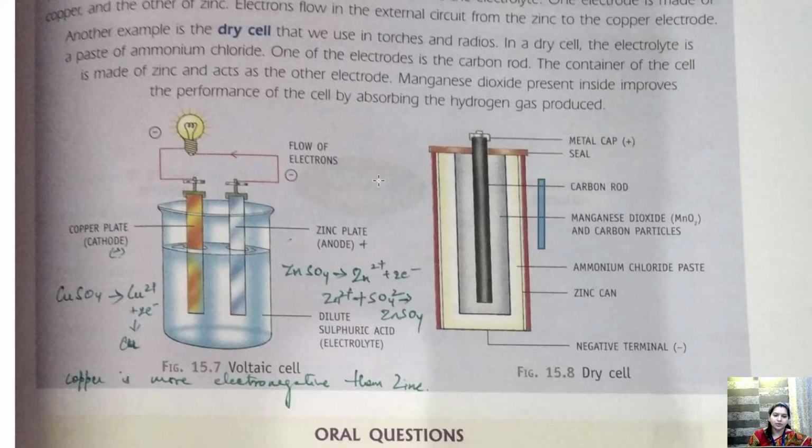At the anode, which is positively charged, we have taken zinc. And at the negative charge, we have taken a copper plate. The electrolyte that we use here is dilute sulfuric acid. We are using a bulb and we will see the flow of electrons. So let's come back to it.